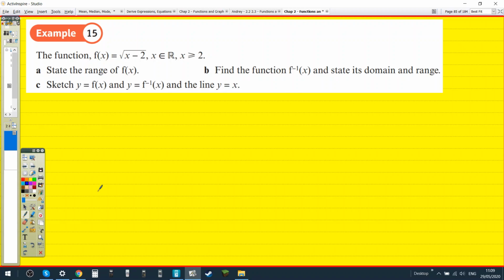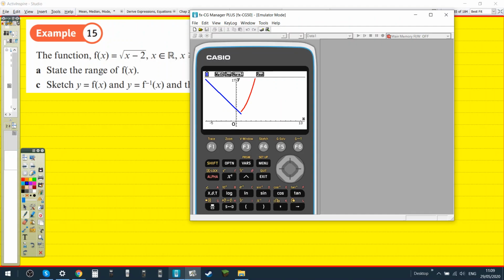Domain is possible x coordinates. Range is possible y. So, do I need to sub in something into the x coordinate here to get the y? You could do a table of values. Easiest way would be to graph it. Right. Okay. Oh yeah.